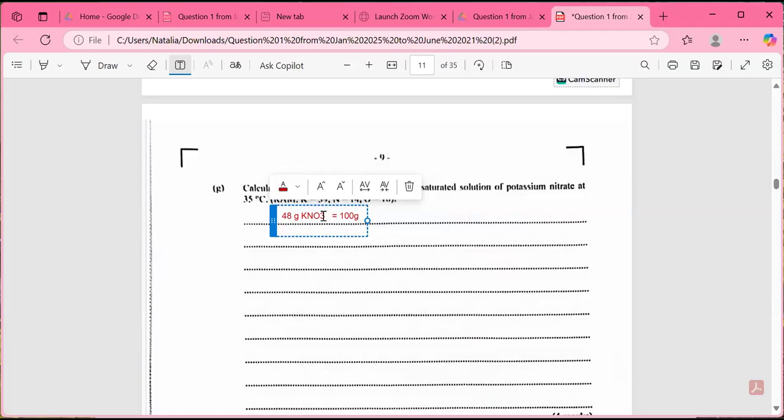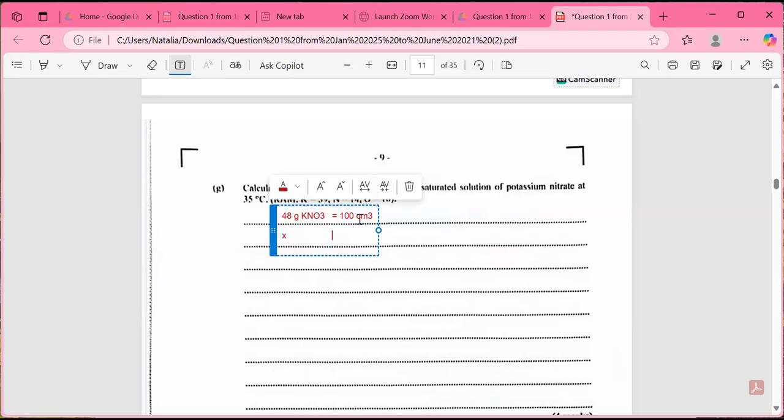Before we get to that, 100 grams of water is the same thing as 100 centimeters cubed, right? So what they want us to find out is how much, in terms of moles, would be in 1,000. Before I convert from mass to moles, I'm going to say how much mass would be in 1,000 centimeters cubed.